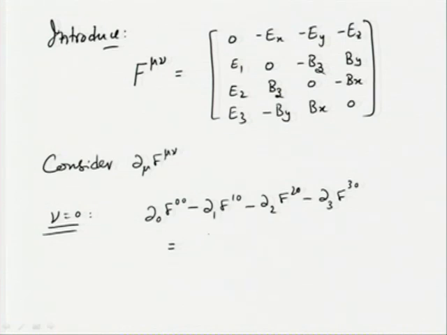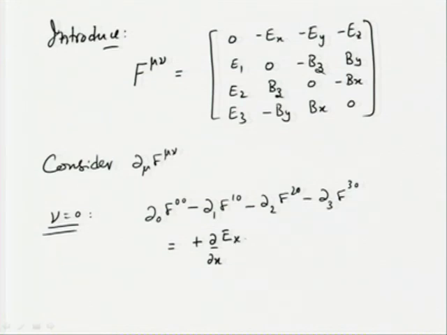For the second term, ∂_μ is a covariant vector, so there is a minus sign associated with it, and with the minus sign already there it becomes plus, therefore F^{10} is E_x.